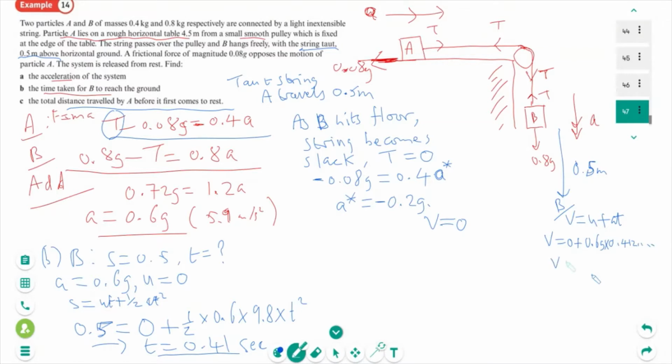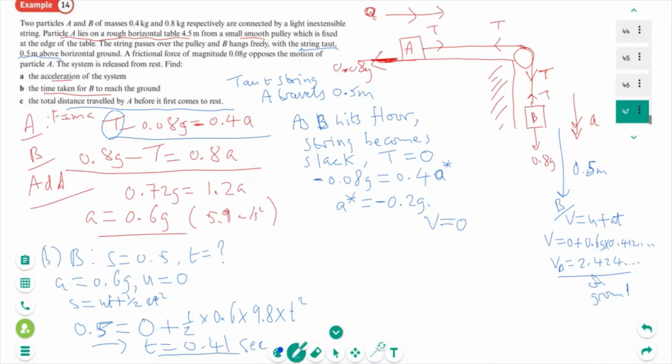And that gives you the speed of B as it hits the ground. I've used the symbol VB for the final velocity of B as it hits the ground. Again, they've put in extra digits to be precise. That's not the final answer, just part of the working. That speed must be the same as the speed of A when the string becomes slack.